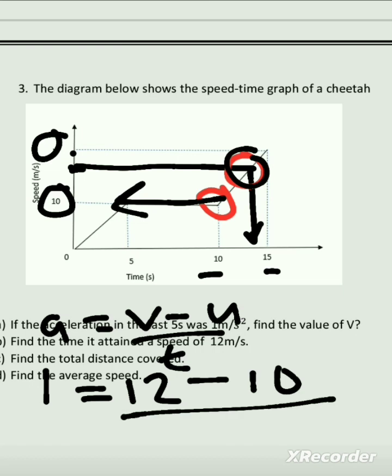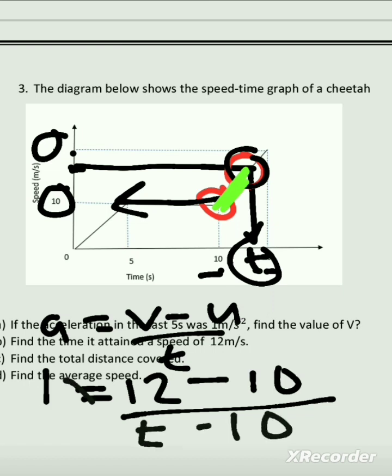We don't know the time, so we call it t. The difference between the time we're looking for and 10 is the time that elapsed here, so it's t minus 10. So 1 is equal to 12 minus 10, which is 2, over t minus 10.